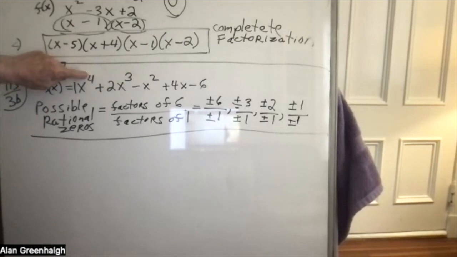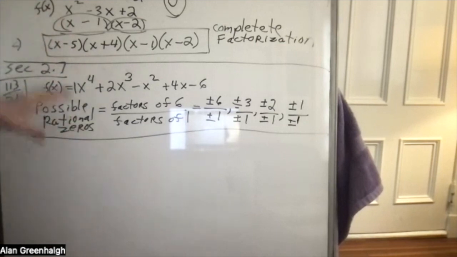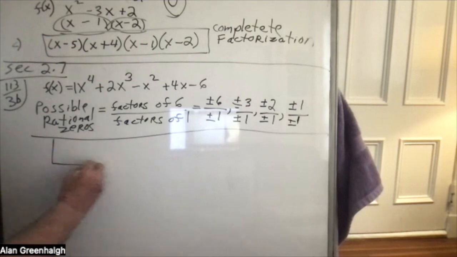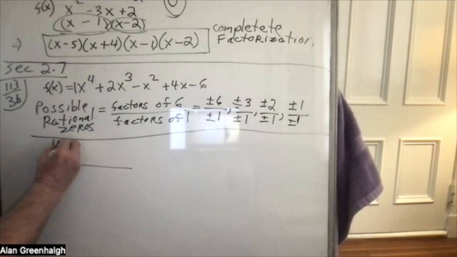When it's to the fourth power, it could be all irrational numbers or imaginary numbers. But they're telling us there's going to be 2 rational zeros, and we have to use synthetic division. They want us to use the fast method.